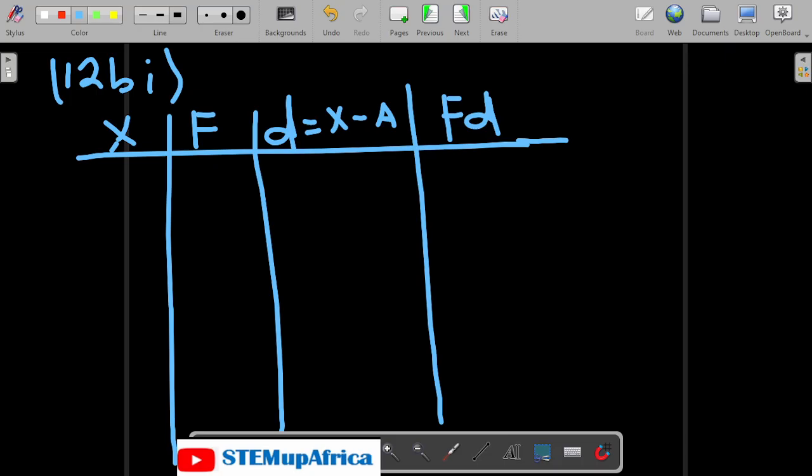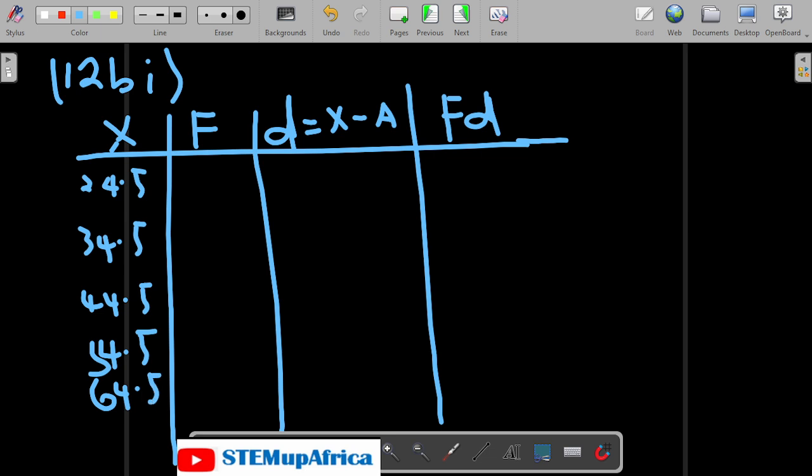Our X, which is our class mark, starts from 24.5, 34.5, 44.5, 54.5, 64.5, 74.5. What are the frequencies? We know that already: 4, 6, 8, 11, 7, and 4.